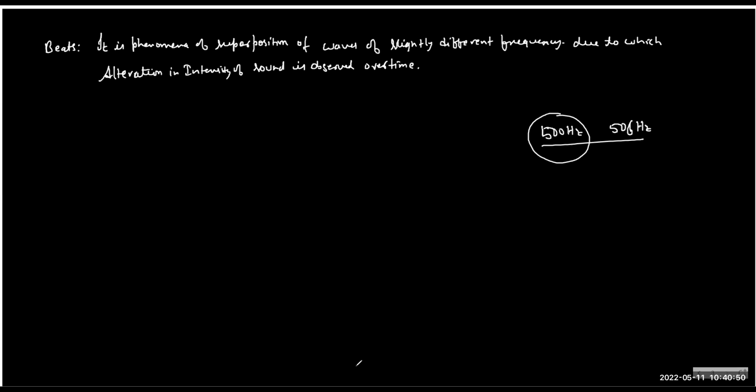So the best way is, if you have two mobile phones at home, you can play them together, and then you can see the variation of intensity. It is easy to do if you have two mobile phones at home. So anyone having two mobile phones?